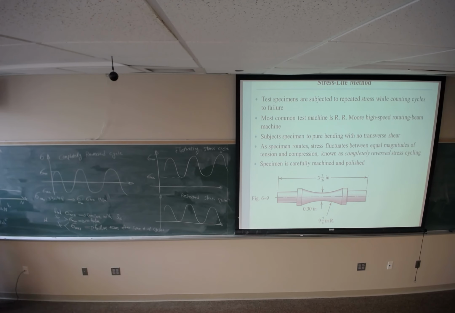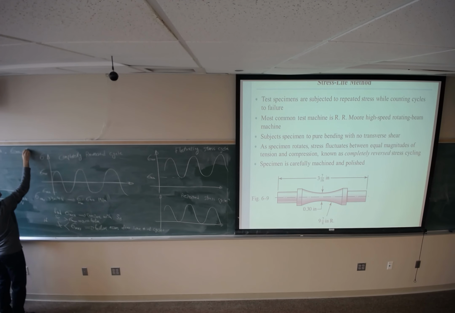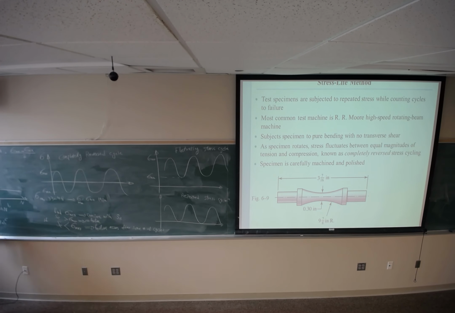Sigma a is defined as the absolute value of sigma max minus sigma min, divided by 2.